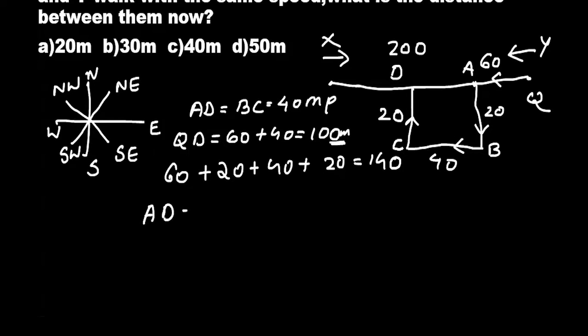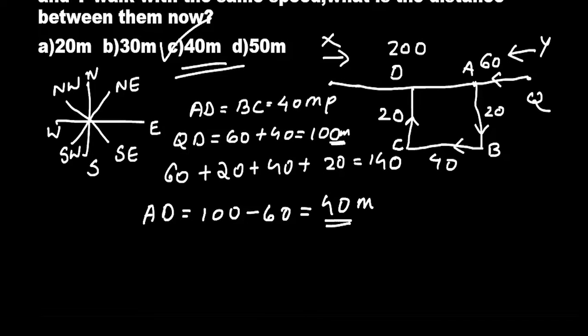AD is equal to 100 minus 60, equal to 40 meter. So the option C is right, 40 meter.